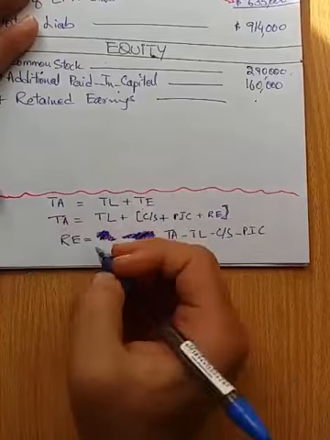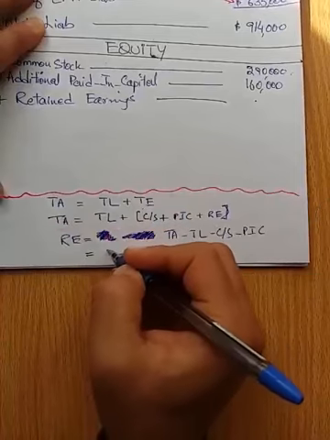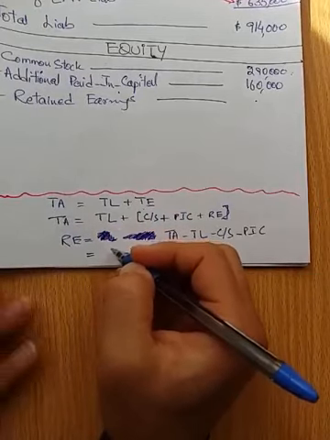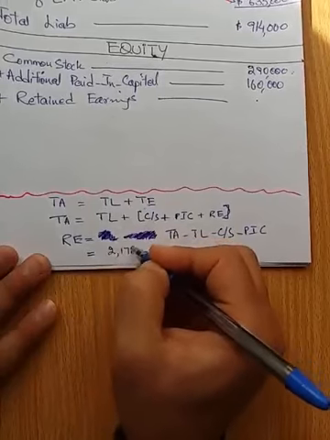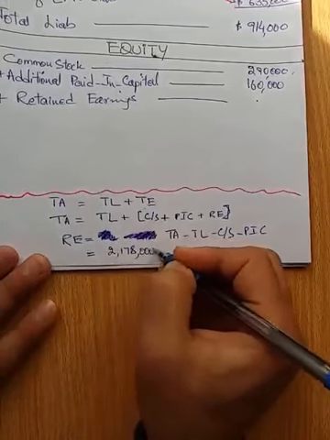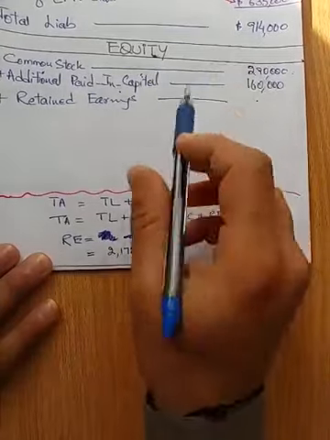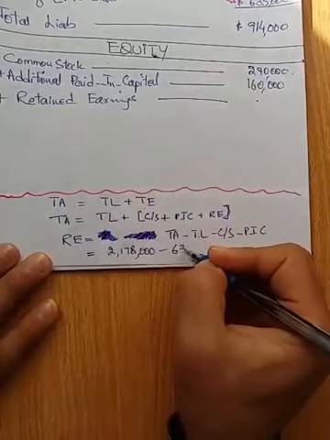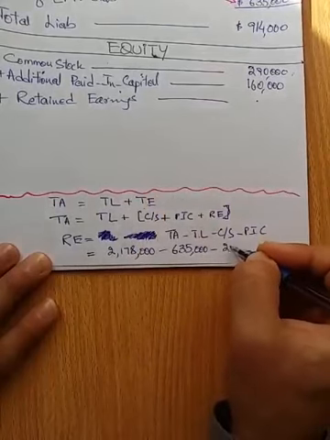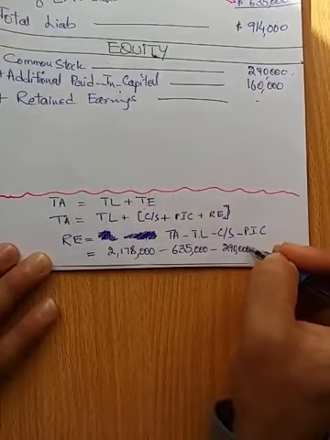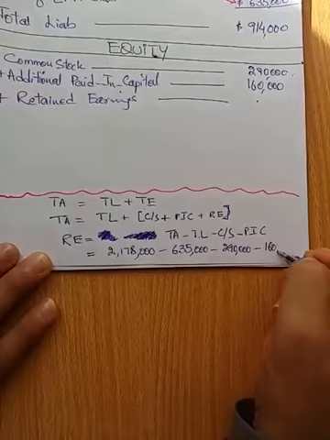If I put values here, the total of the asset we actually got was 2,178,000. Then the total of the liability we have from our previous calculation is 6,35,000. Total of the common stock is $2,90,000, and the paid in capital is $1,60,000.